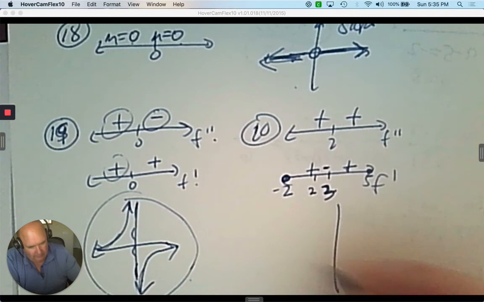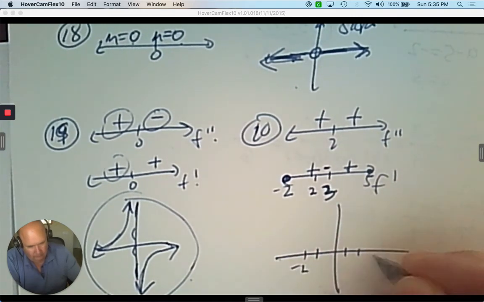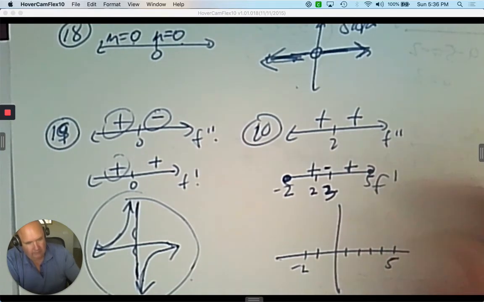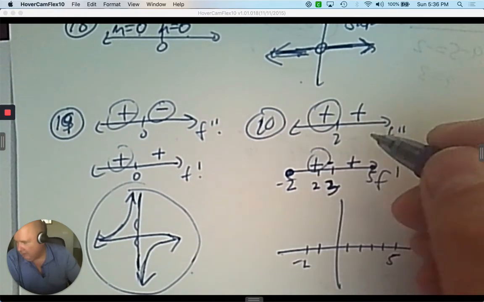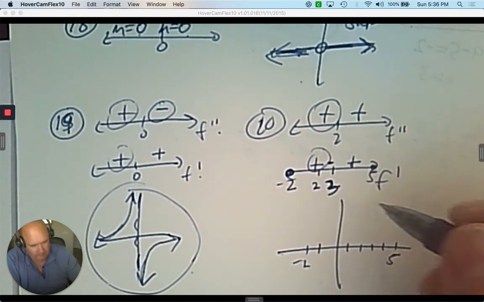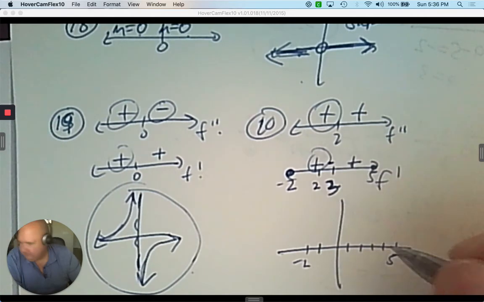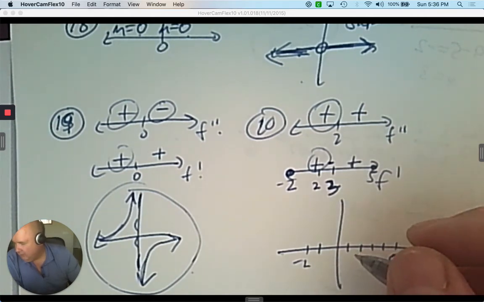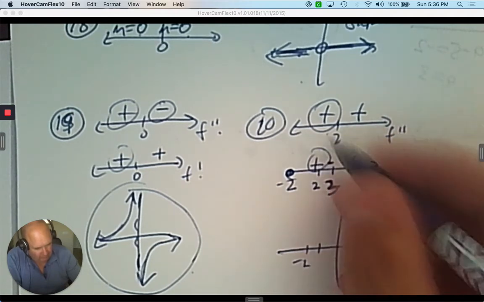When I graph this from -2 to 5, first of all, it just has to match this. So it's going to smile and go up to 2.